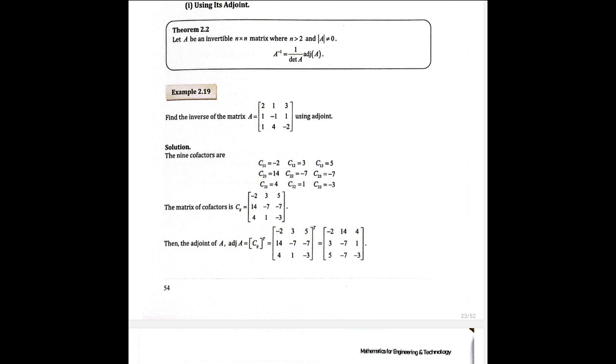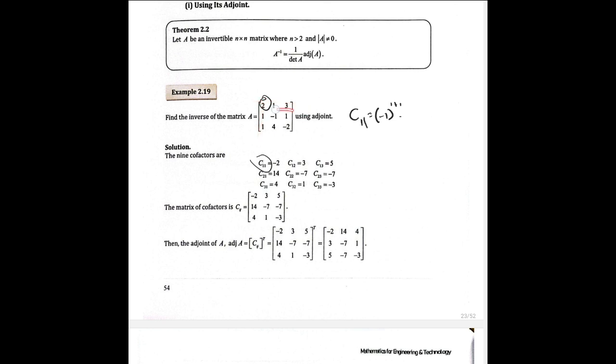Let's look at C11. C11 equals -1 to the power of 1 plus 1, that is i plus j, times the minor. So what is the minor for C11? Just exclude the row and column of 1, 1.